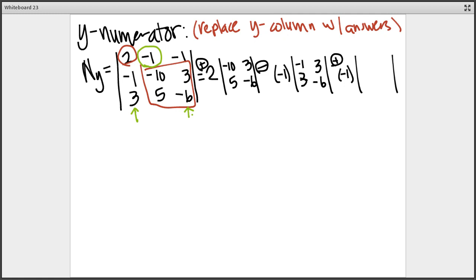And then the very last one, we've got -1, and my little determinant comes from those numbers there. -1, +3, and -10 with a +5.